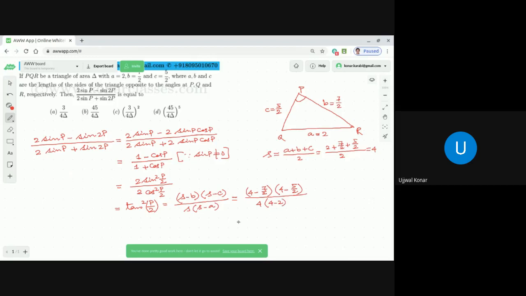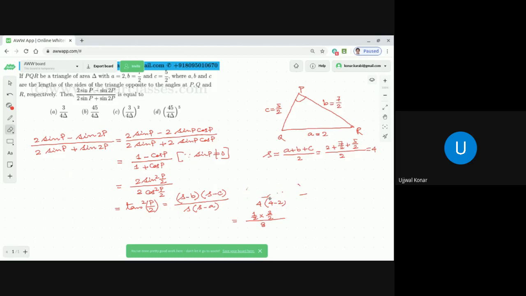Let's find the value. 4 minus 7 by 2 is actually 1 by 2, into 4 minus 5 by 2, which is 3 by 2, divided by 4 into 2, which is 8. Okay, one thing: as we need to express the solution in terms of delta, the area of the triangle, this method will not work.